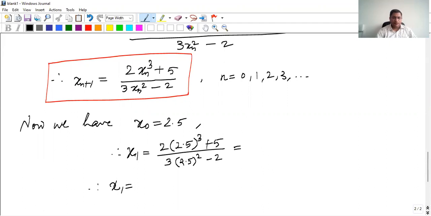You can calculate. When you calculate, you have to input the value 2.5, and you will get the root. So what is the first approximation to the root?